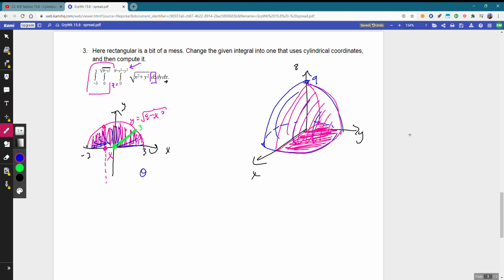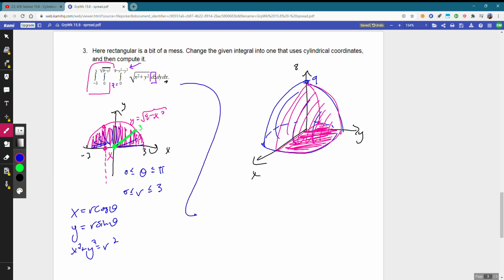So nice, clean description. And since we're using polar coordinates for our xy plane, we have our standard equations that we can write down, and we can start translating.